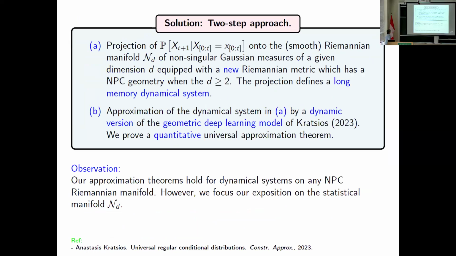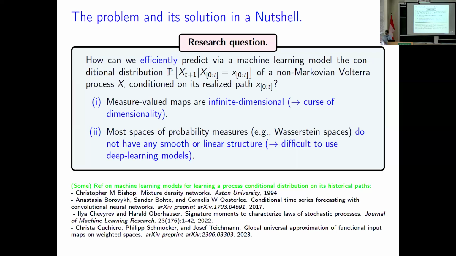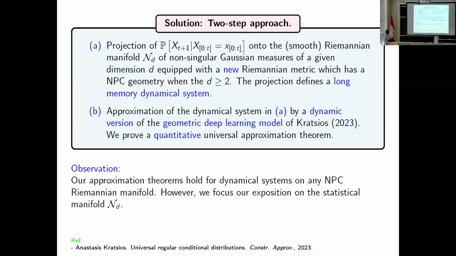Regarding the second problem, we propose a projection of this conditional distribution into a smooth Riemannian manifold.